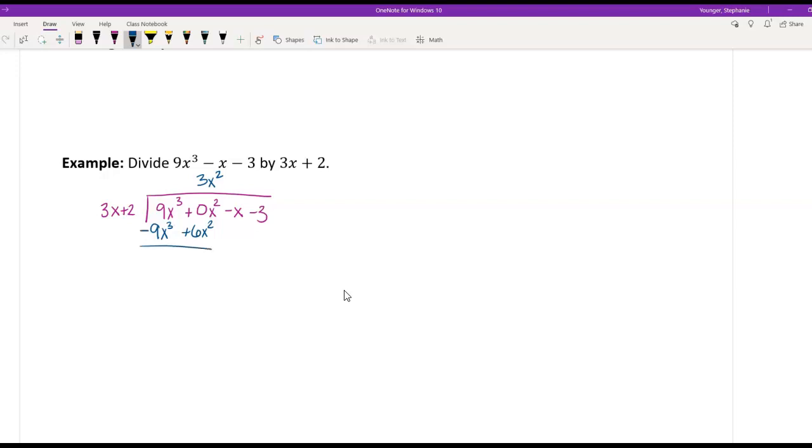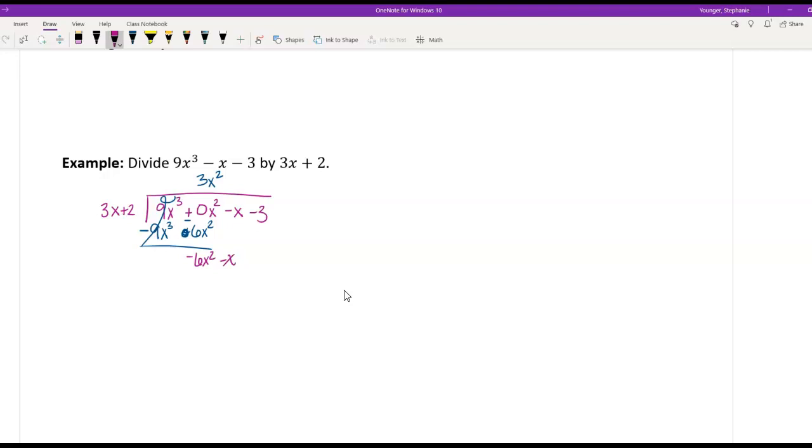Now we're going to subtract, so change our signs. These cancel, and now I'm left with negative 6x squared minus an x.